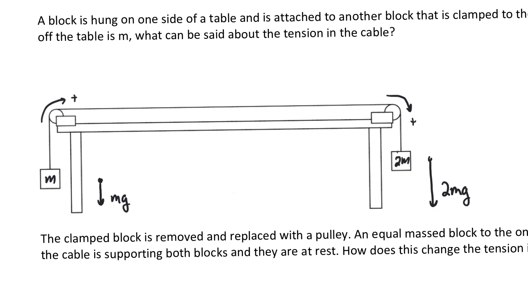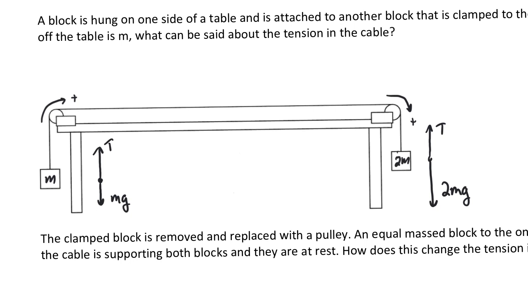I don't know how big the tension is, but I know it's got to be between these two, because this tension has to be less than 2mg, so it accelerates downwards. And the tension on the other side has to be the same size, but it has to be bigger than mg to accelerate that mass upwards.